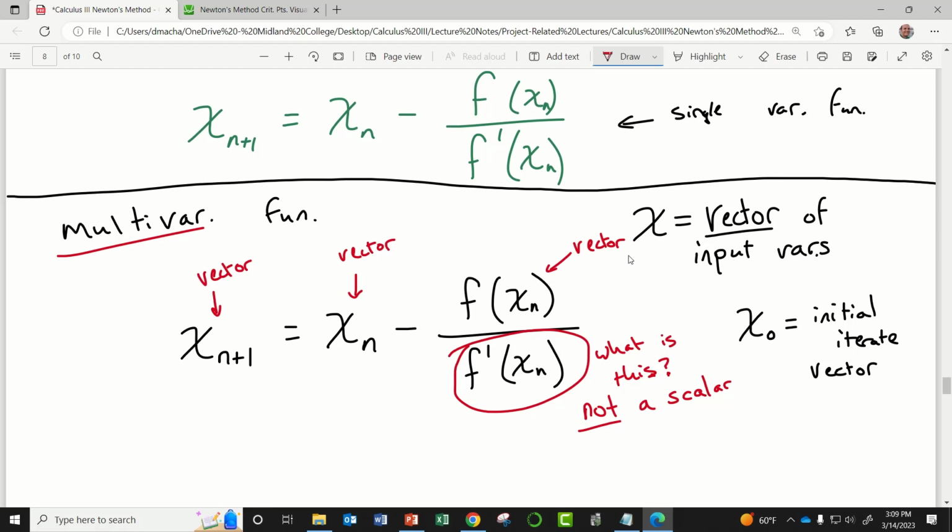Instead, this is not a scalar. It's also not a vector because we don't have a solid way of dividing vectors. Right? When we're multiplying vectors, we have the dot product, we have the cross product. But we've never defined a way of dividing vectors. And so what it is, is a matrix.